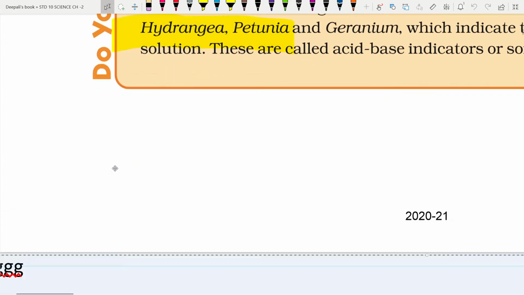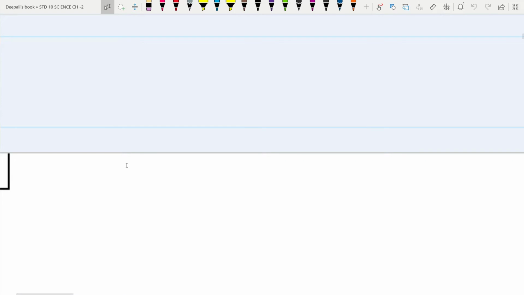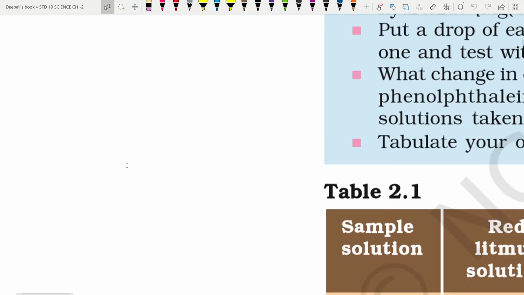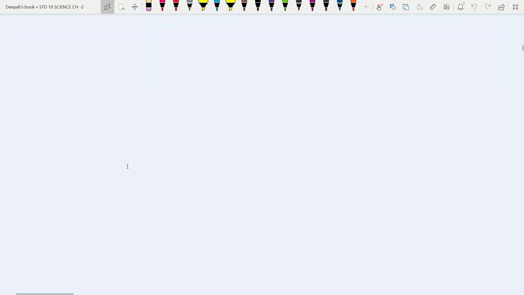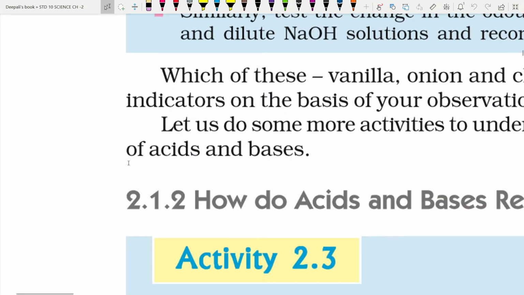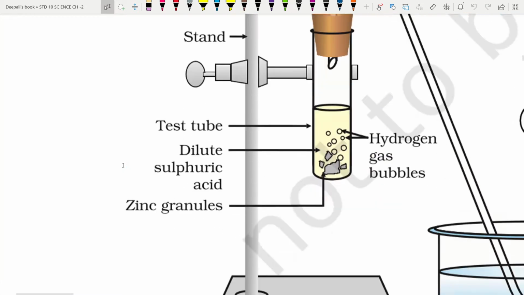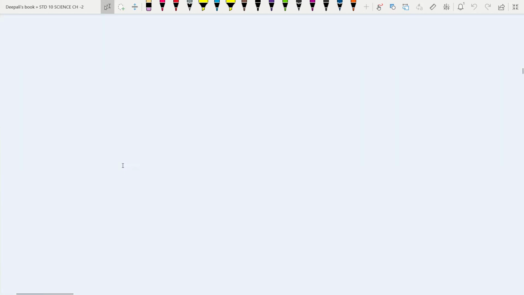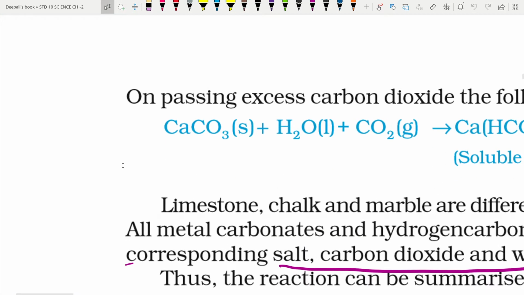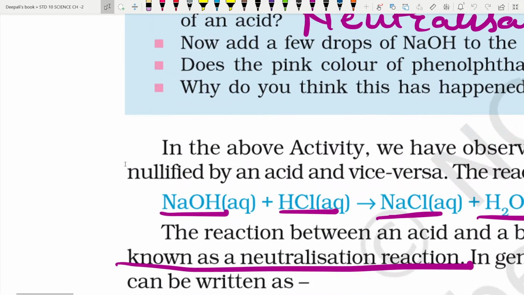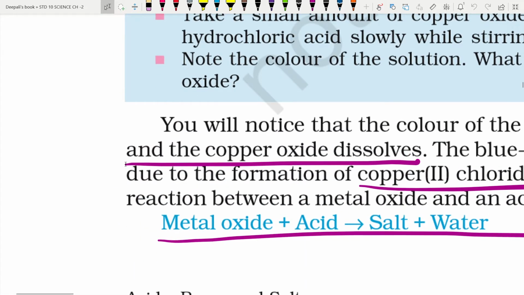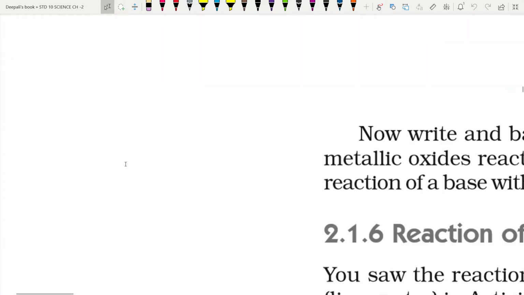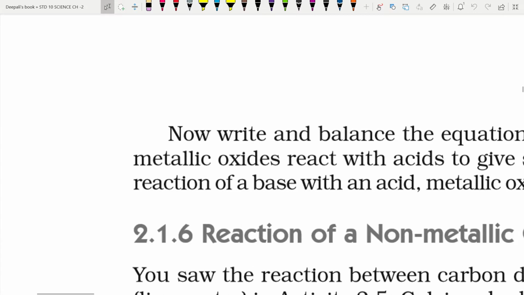Let us move to the next topic of this chapter, that is salt. We all are familiar with the taste of salt and its utility in day-to-day life, especially in our food recipes. Each and every recipe has salt in it, and without salt, we do not like to eat food or even taste food.